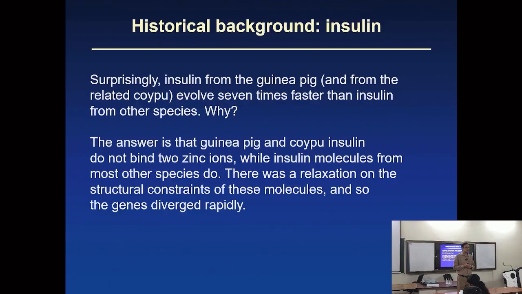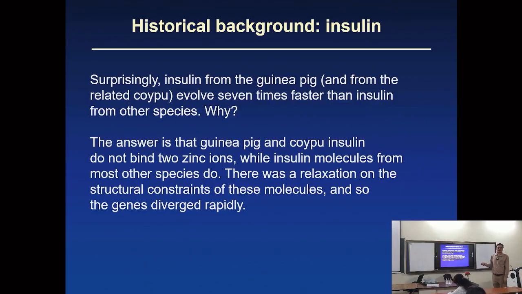So what are the constraints on insulin from human that are not there in guinea pig insulin or coypu insulin? Signal peptide? They may also have it, but you can see the answer is here. That's why I was saying that you have not taken a look at the slides.